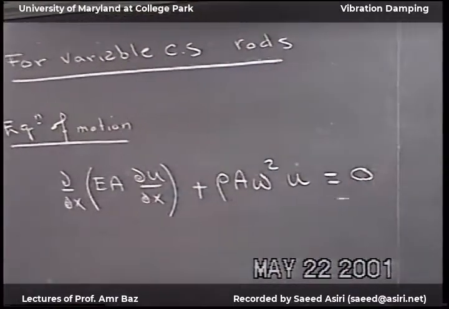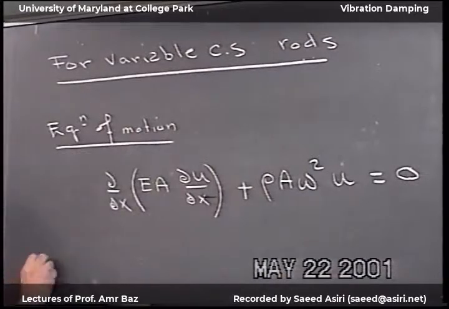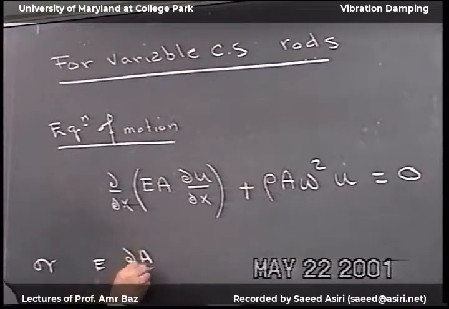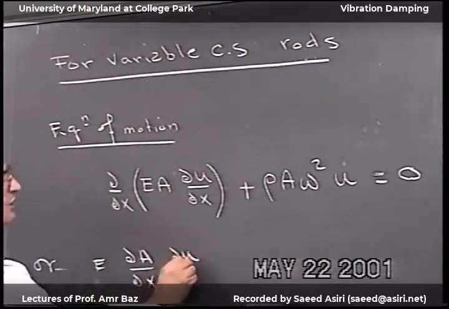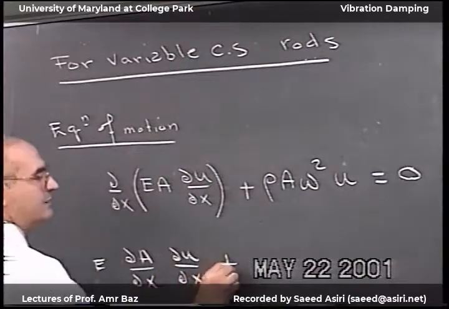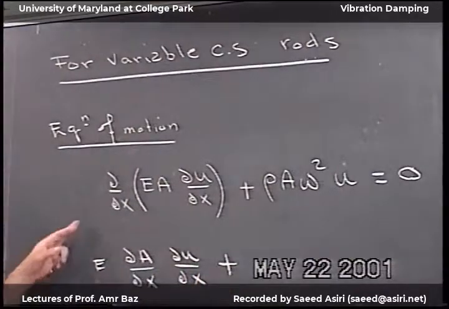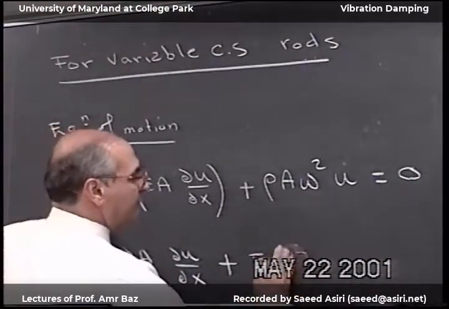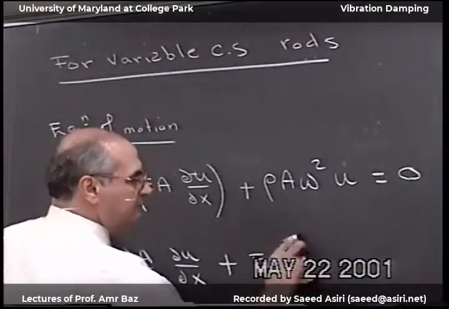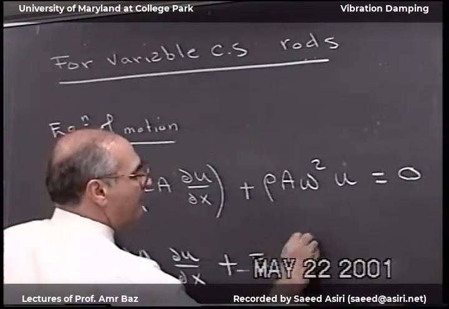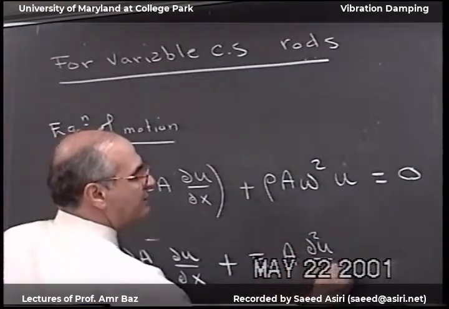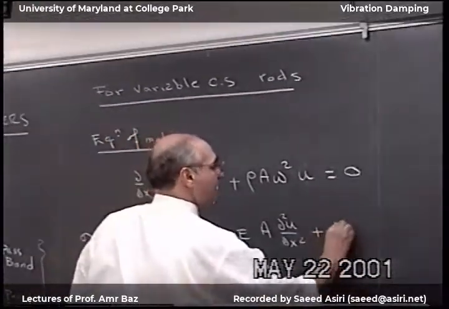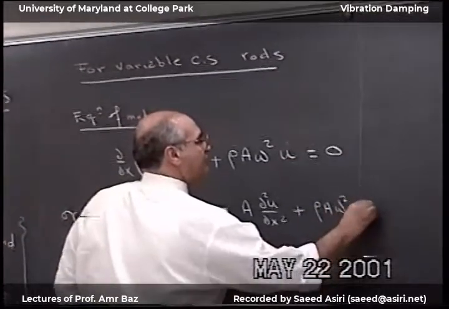Okay, so now from here, this will be E partial A by partial x, partial u by partial x, plus E times A, partial squared u by partial x squared, plus rho A omega squared u is equal to 0.